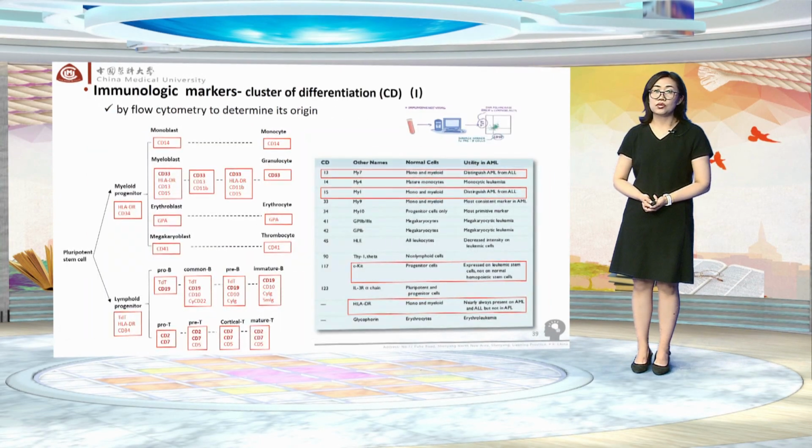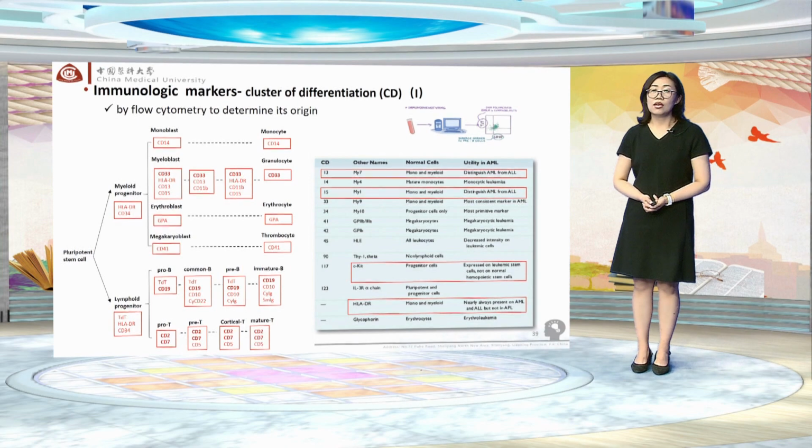Marrow specimens should be collected for immunophenotyping studies by flow cytometry, the detection of immunological markers, cluster of differentiation, CD. Each cell line has the same or different antigen expression at different stages of differentiation. Some specific antigens can help us identify AML from ALL.